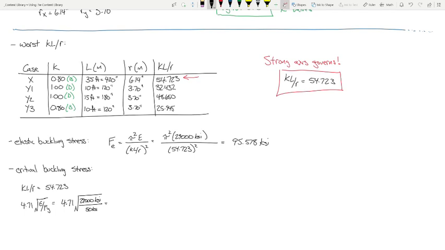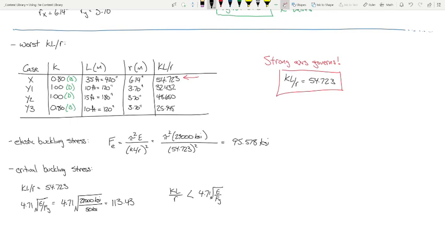I got 113.432. Do I have a second? Okay. So what I can say is if I'm comparing KL over R and 4.71 square root of E over Fy, that's certainly bigger, right?